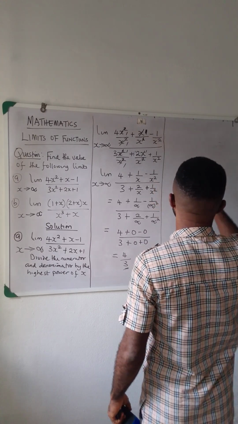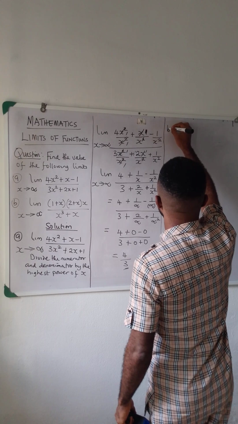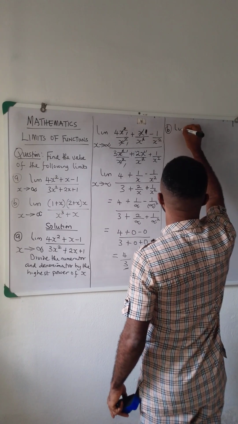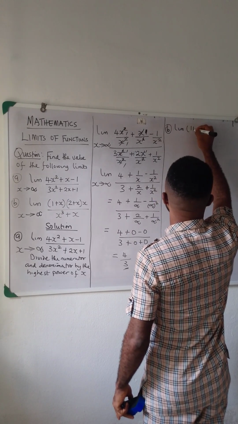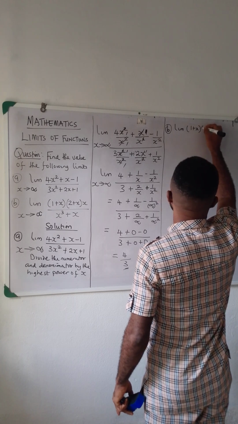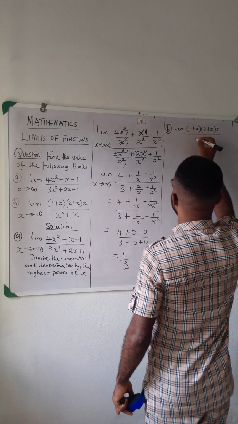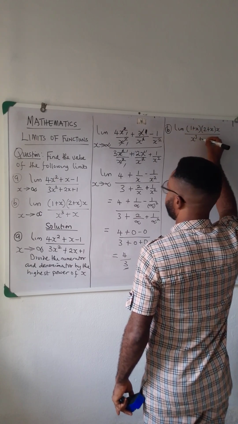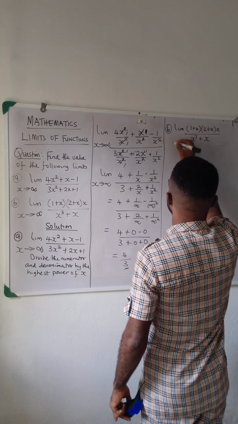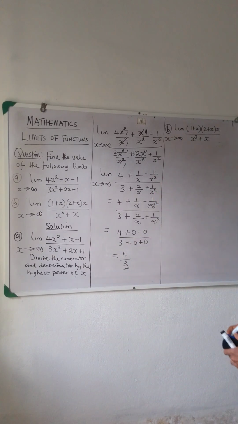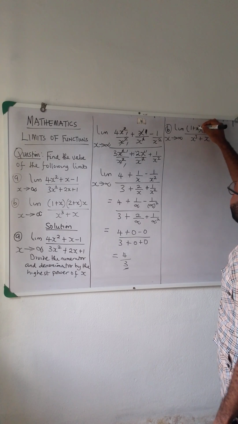Let's look at part B of the question. We have the limit of (1 plus x) into (2 plus x) into x, divided by x cubed plus x, as x tends to infinity. In order to simplify this question, we first have to open up the brackets in the numerator.